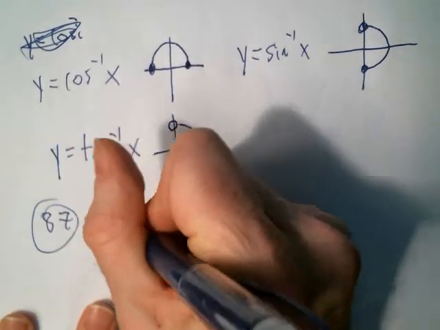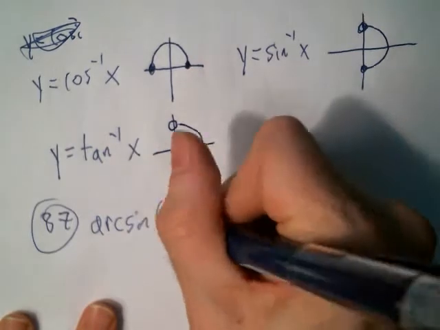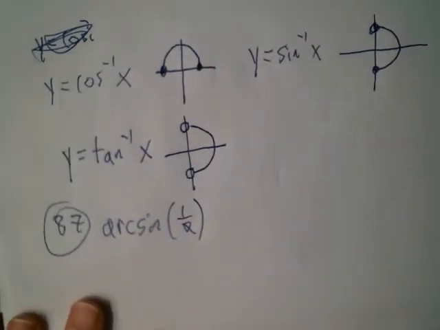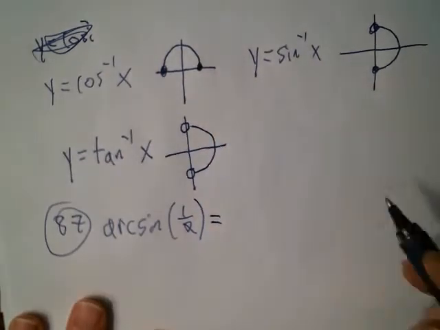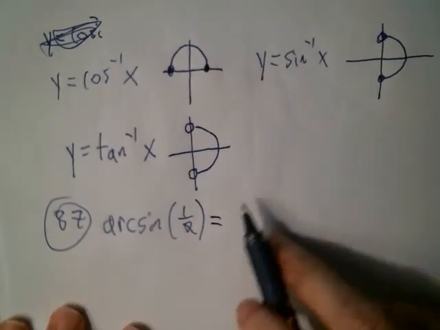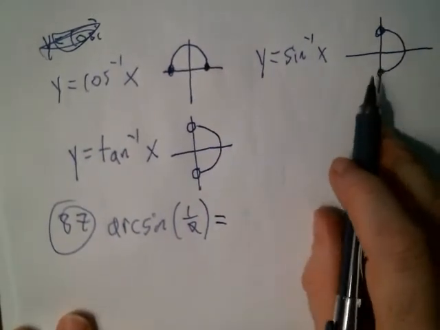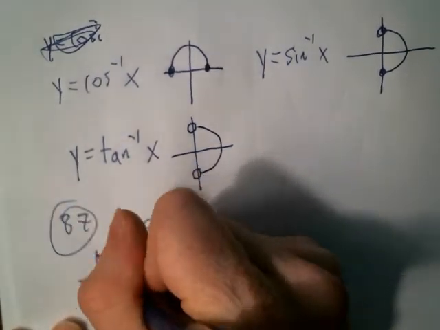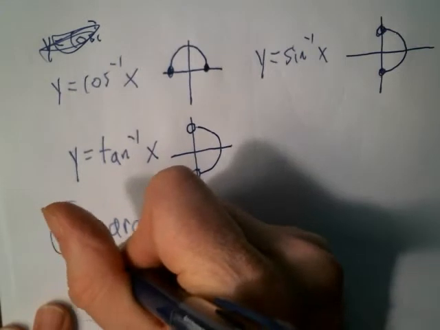87, they want you to figure out the arc sine of 1/2. Okay, so the output, and why was I worrying about the range? The output of this thing is going to have to be in this range. So I kind of like to draw a picture to remind myself of that.